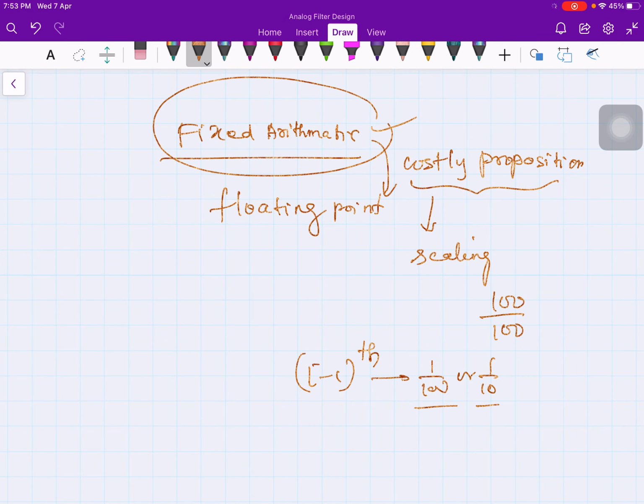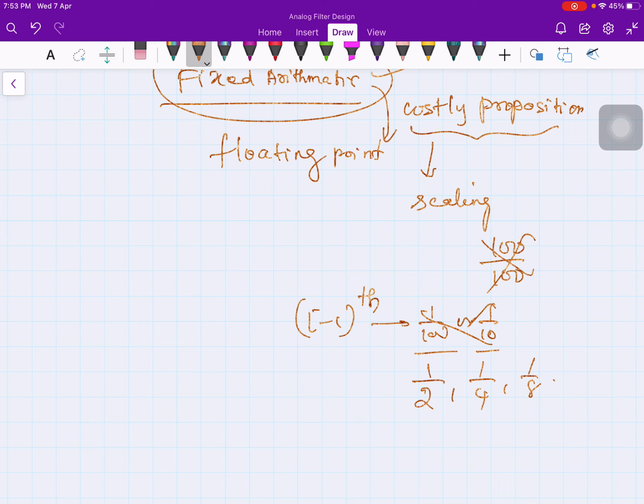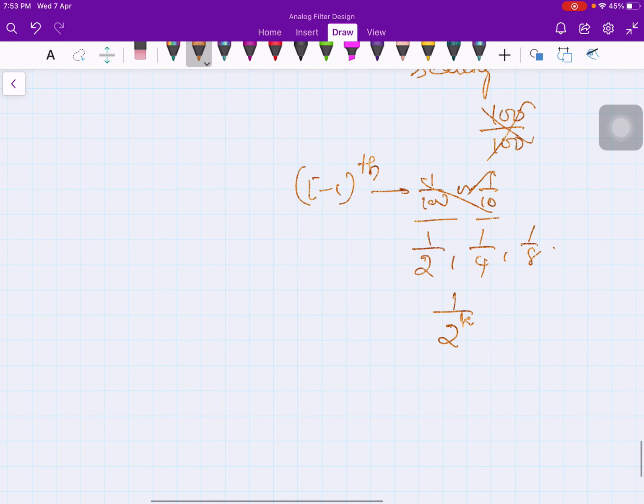Generally they will choose 1 by 2, 1 by 4 or 1 by 8. In general, the scaling constant is of the form 1 divided by 2 to the power k.